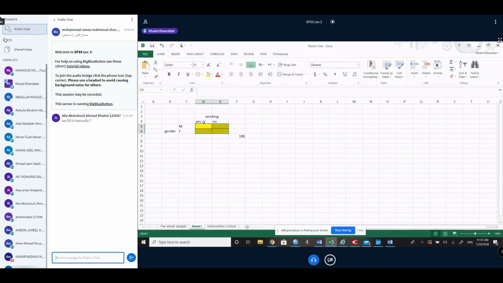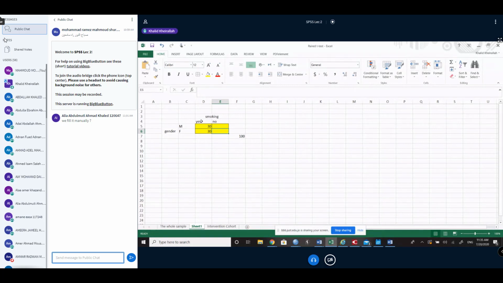Now, what we expect is that all smoker males will go into this room, and all female smokers will go into this room.